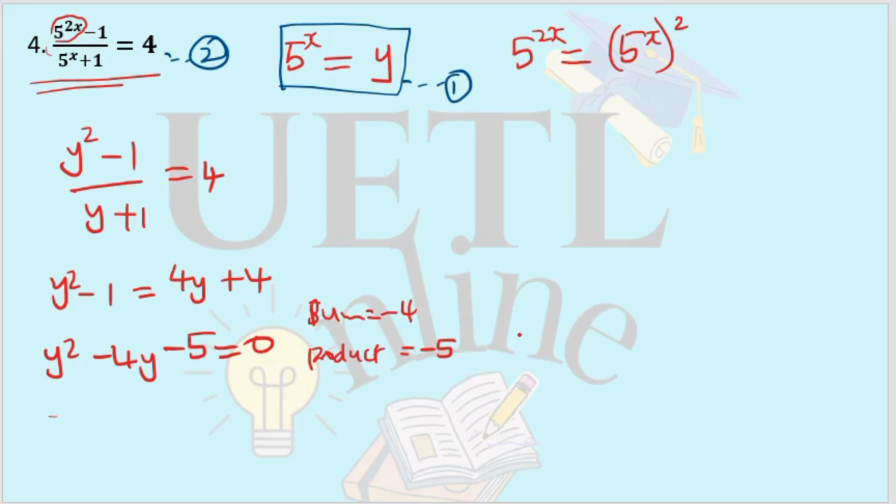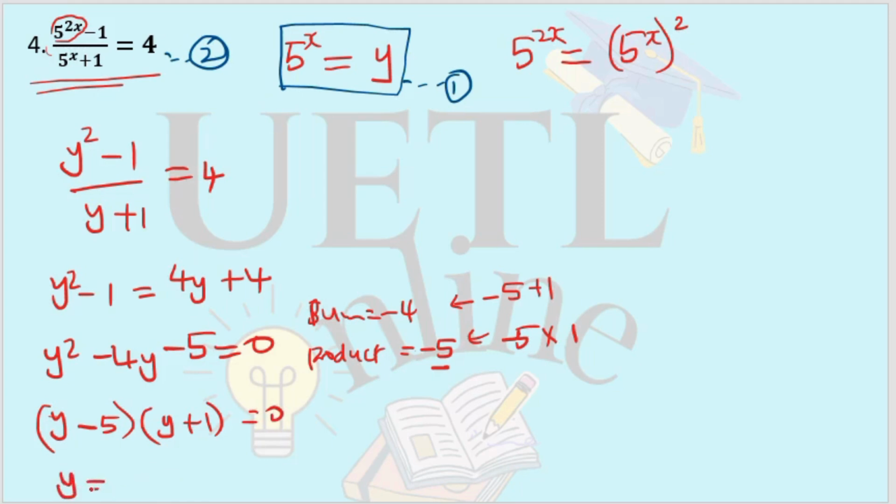Minus 5 times 1 gives minus 5, and minus 5 plus 1 gives minus 4. So this is our factor: y minus 5, y plus 1 is equal to 0. Now y is equal to 5 or minus 1.